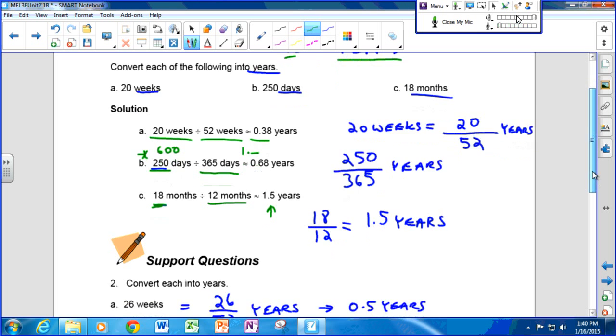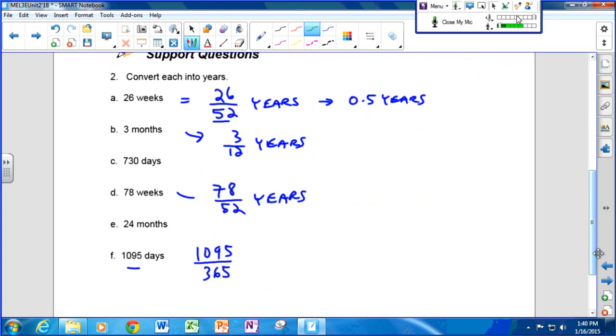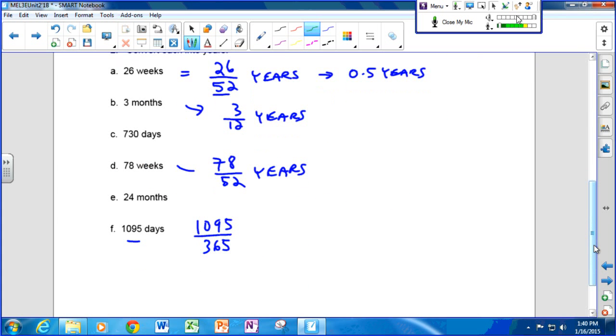Okay, so you can try some of those. Here's a good example of one where it's way more than 1 year. It looks like that's going to be closer to 3 point some odd years. It's just the total number that you have of whatever it is divided by the number that are in a year. So 365 days in a year, 1,095 days.